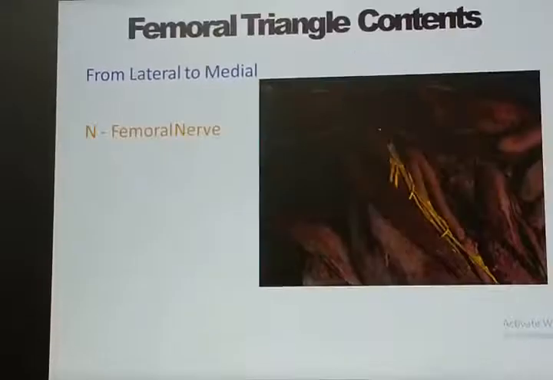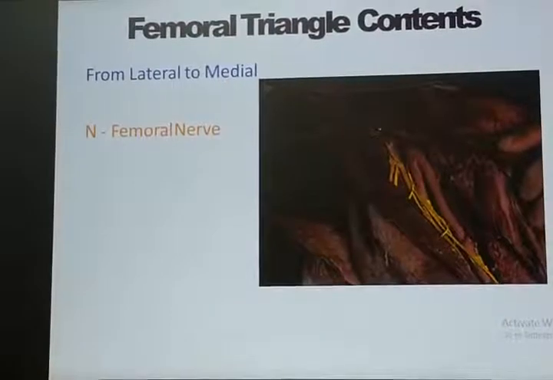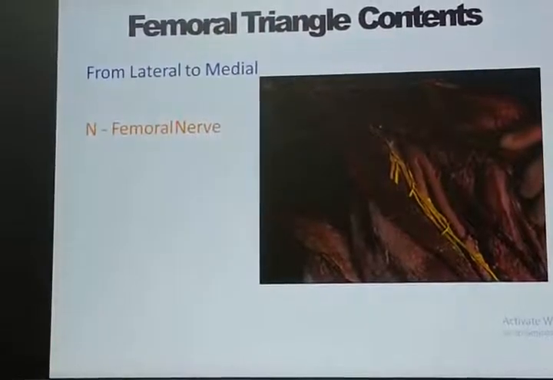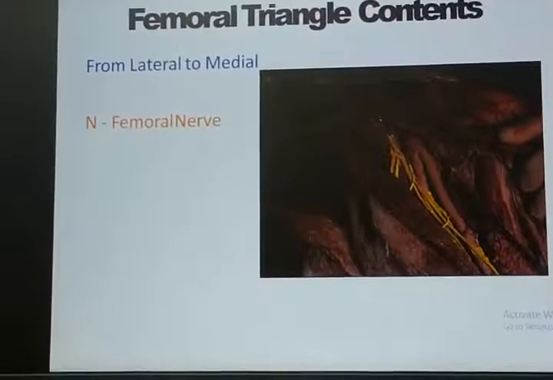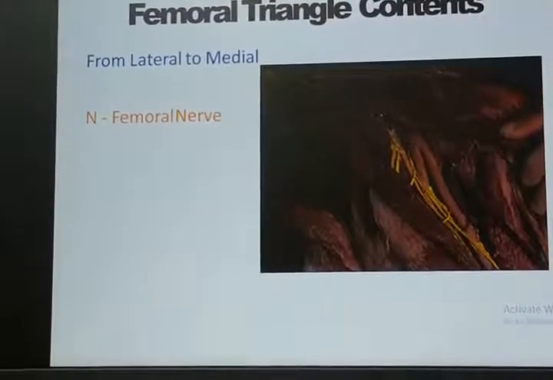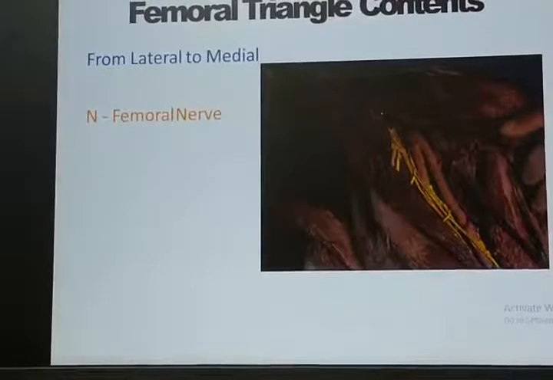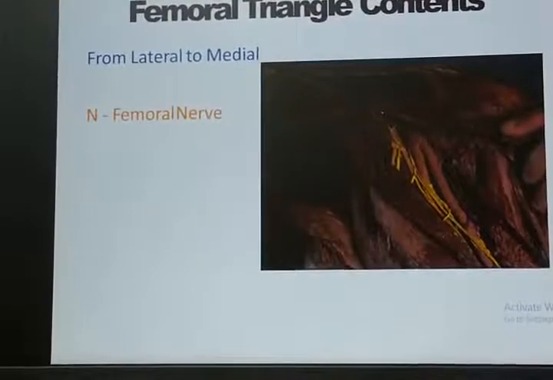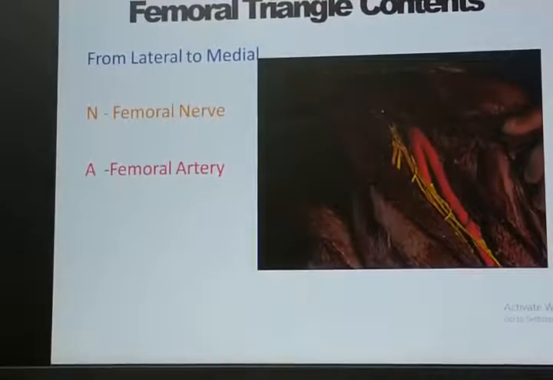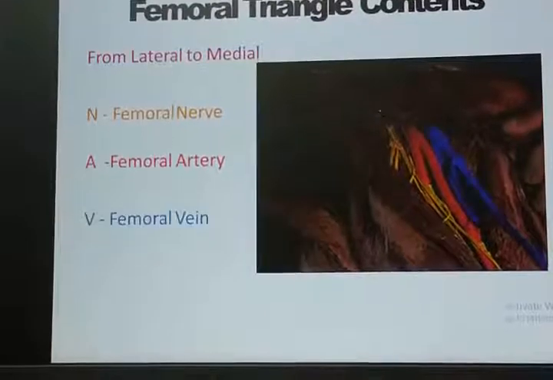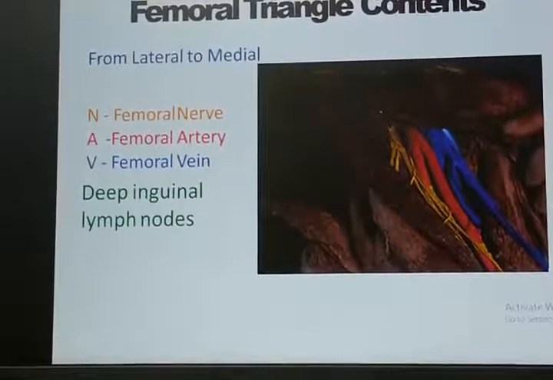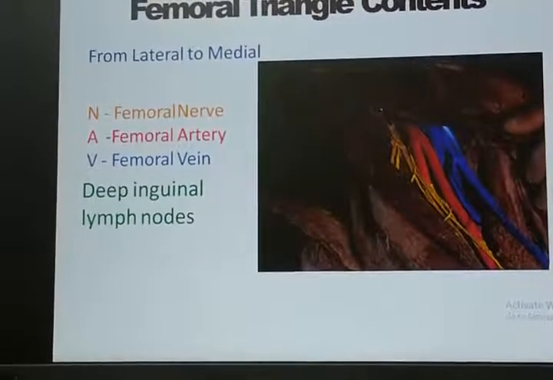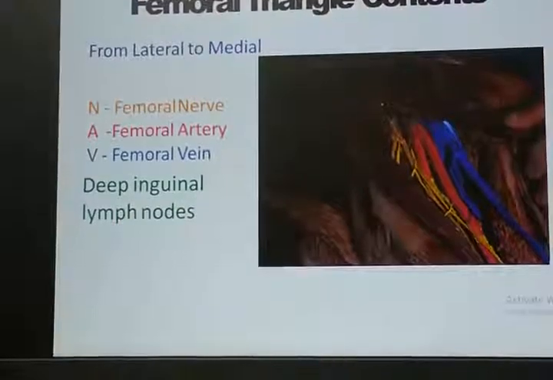Now coming to the contents. In this femoral triangle the main contents, from lateral to medial, are the femoral nerve, here shown in yellow color and marked. Then the femoral artery, then the femoral vein, and most medially, in light blue color, the deep inguinal lymph nodes.